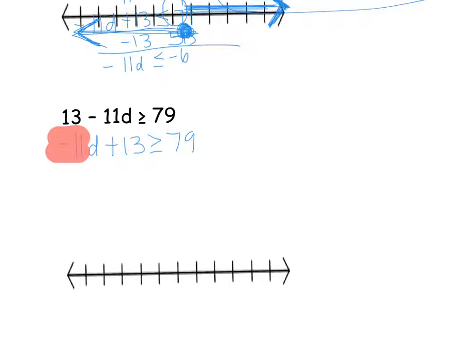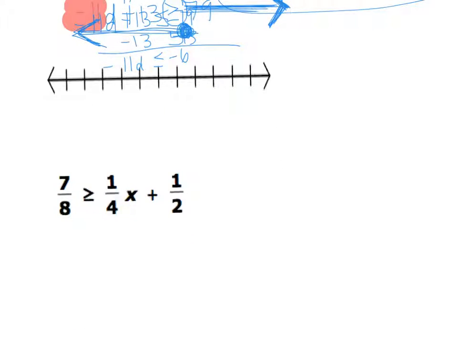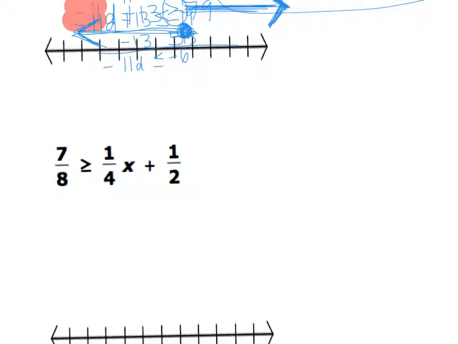For the next one, we have some fractions, so we can change all those fractions to decimals if you choose. You could also multiply everything to cancel out your fractions as well. Today I'm going to rewrite it using decimals, so I'm going to use 1/4 is 0.25 x plus 1/2 is 0.5.